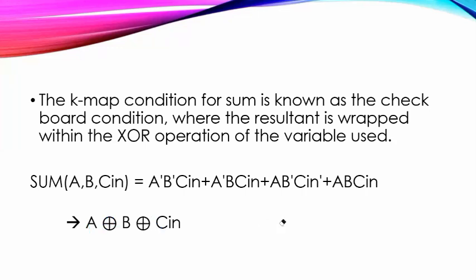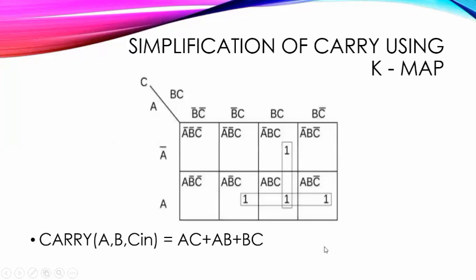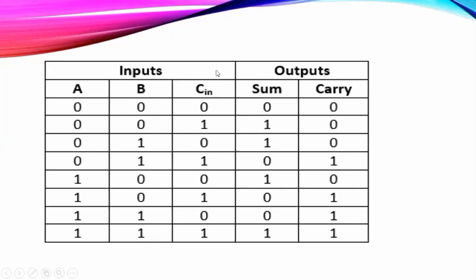So next, if we are finding the equation for the carry, if you can see for carry, we had got equation AC plus BC plus AB. If you can see in this one, these are the 4 things which we had got.